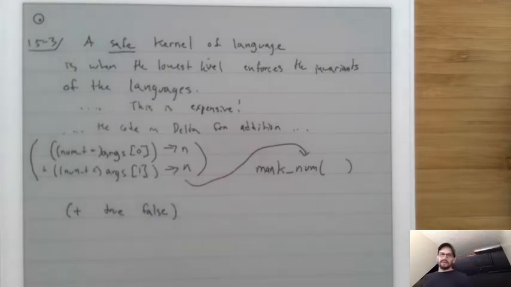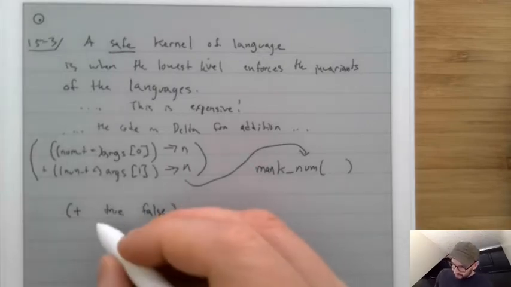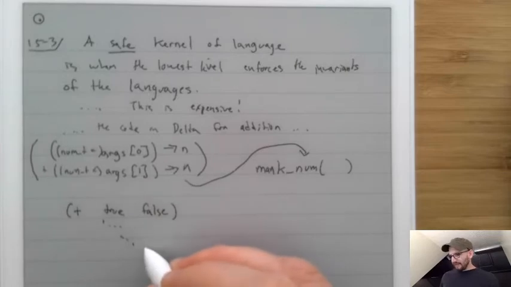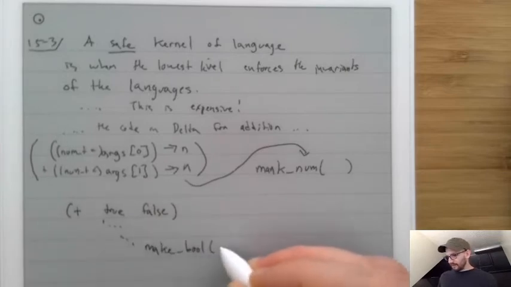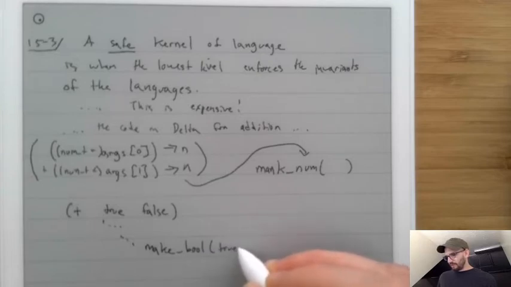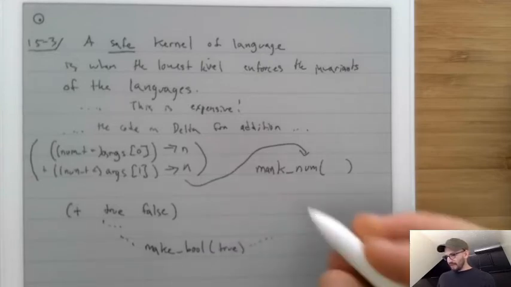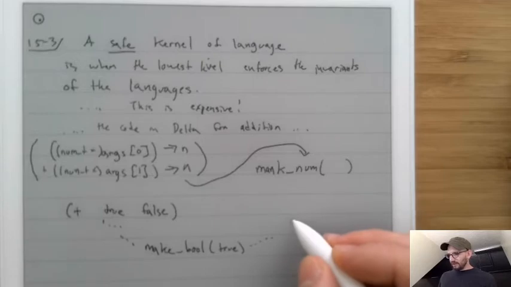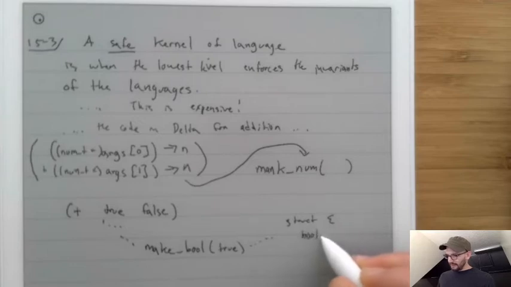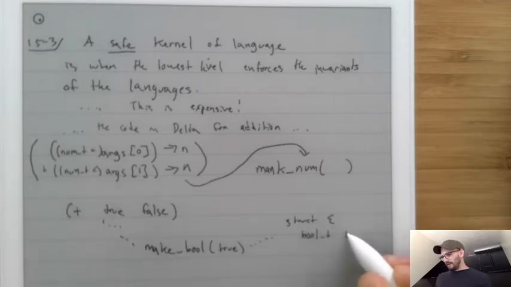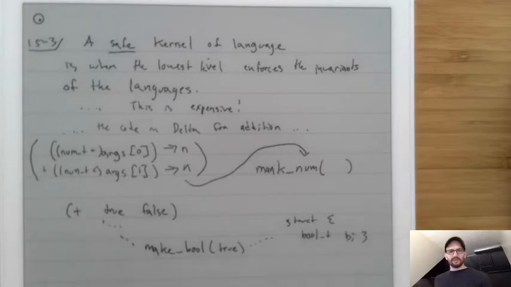True would be the result of calling make bool with true, and if we looked at its struct, it would probably be a struct with a bool value, which we might call b.